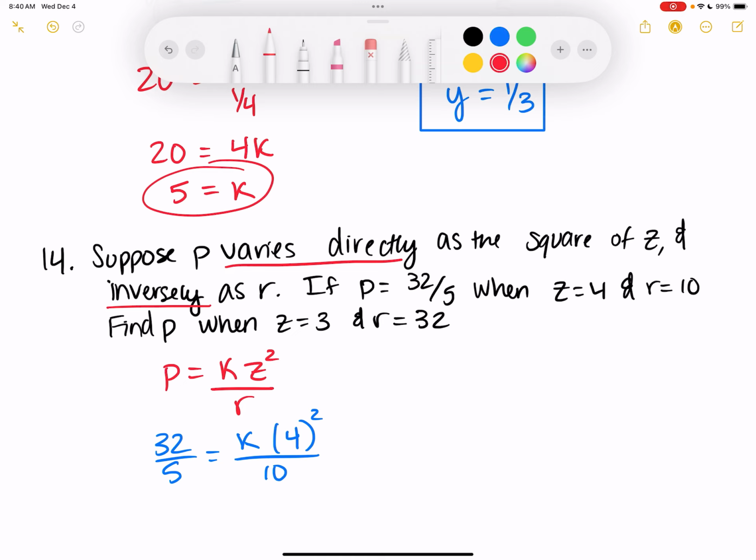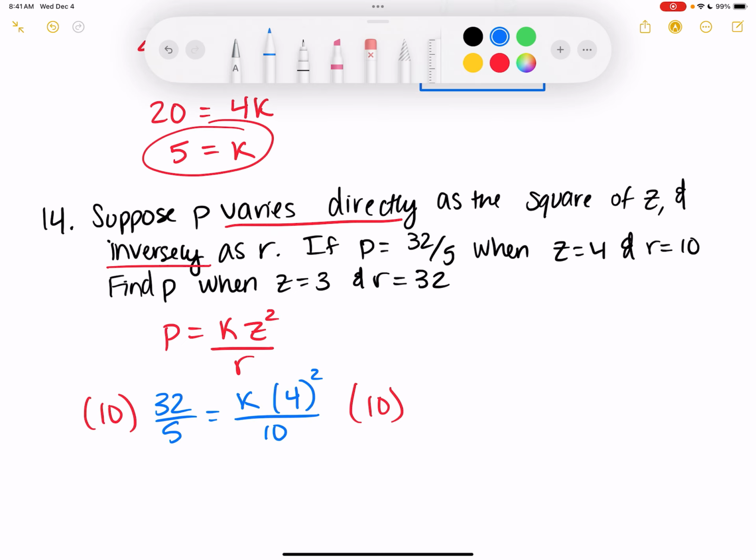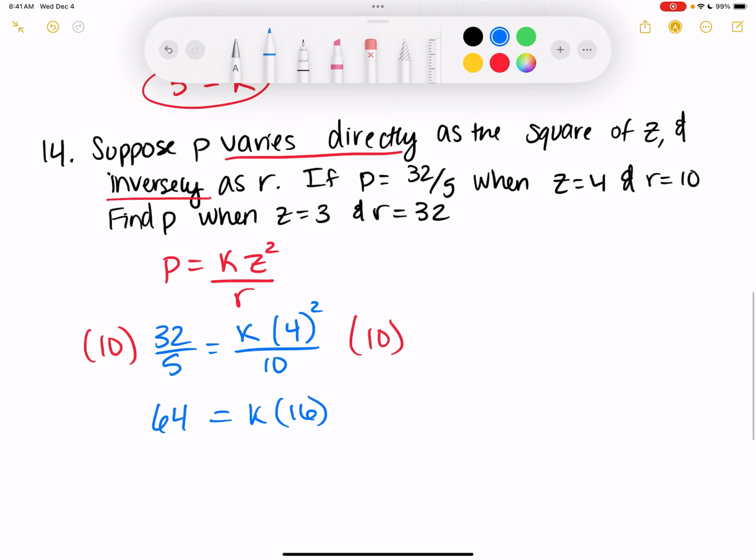Multiply by 10. So that's going to reduce to a 2 times 32 is going to be 64 equals K times 4 squared is 16. And then divide by 16. So 4 equals K.